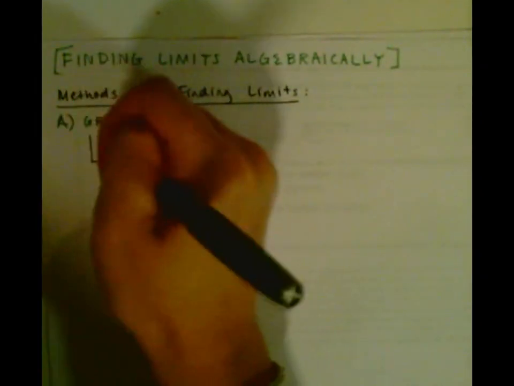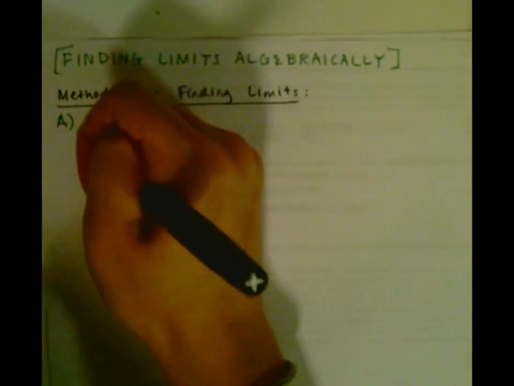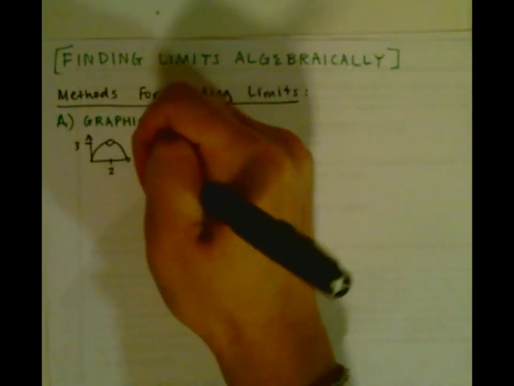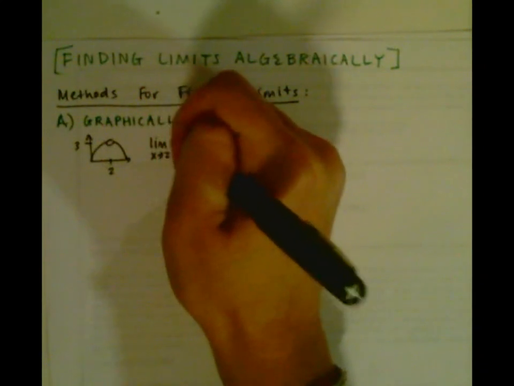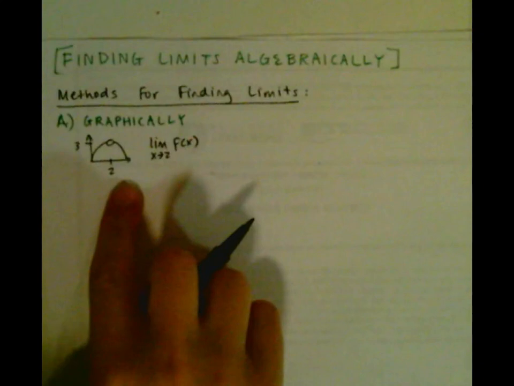I'm going to sketch a quick graph just so we have an example to put into our notes. Just going to sketch a curve with a hole in the middle. Let's call this x value 2 and this y value 3. So the limit as x goes to 2 of this function I'm calling f of x. How do we find limits graphically?